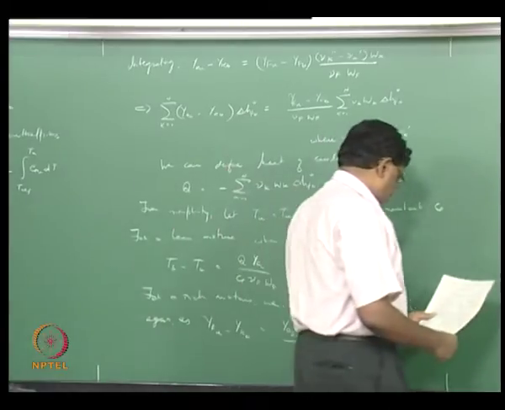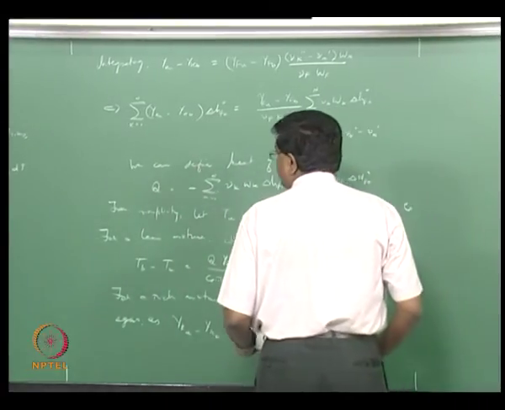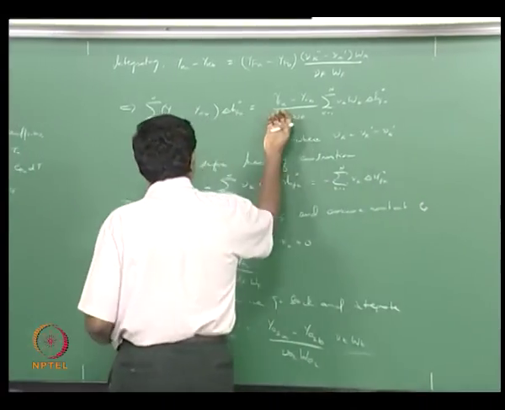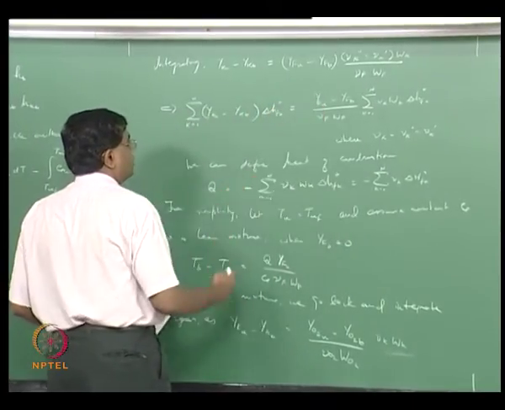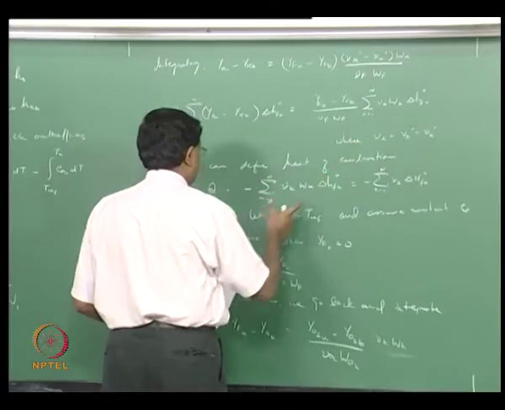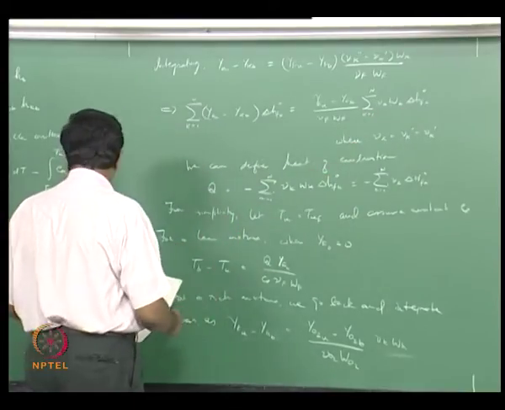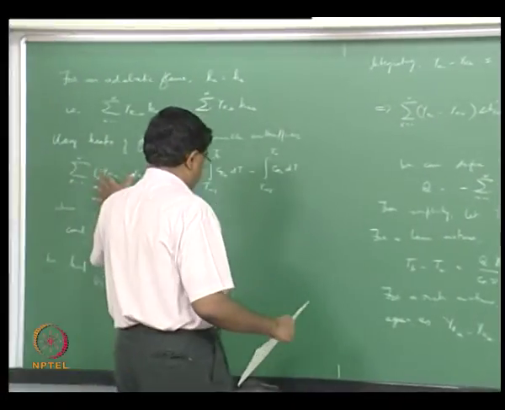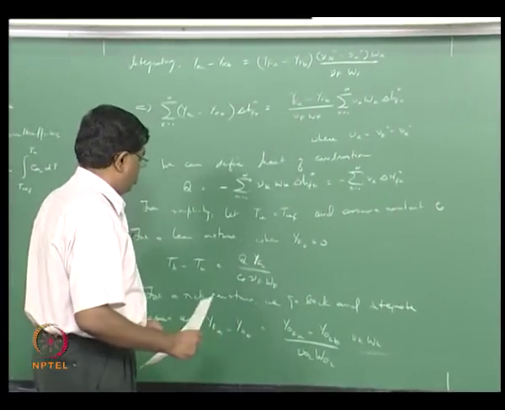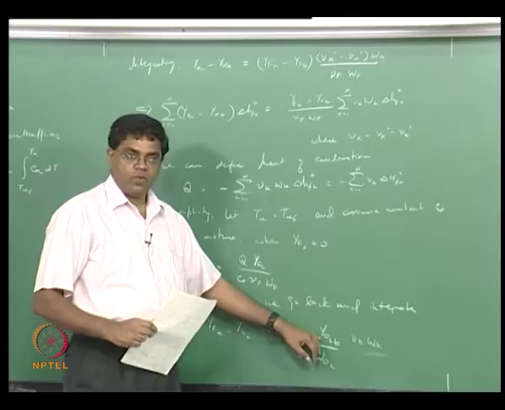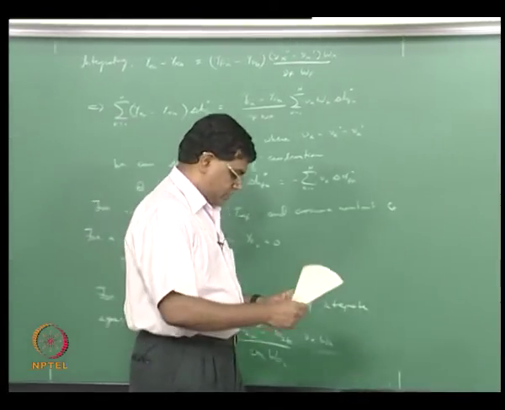So if you do this, of course you now can take this step where you multiply by delta H_K and sum over, and then you recognize this as Q and plug this back in here and write your TB minus TU. At that stage you plug in your Y_O2,B equal to 0 for the rich mixture.